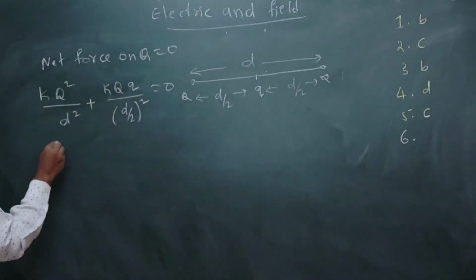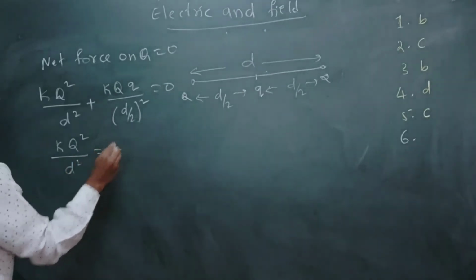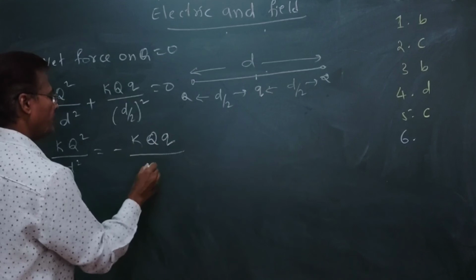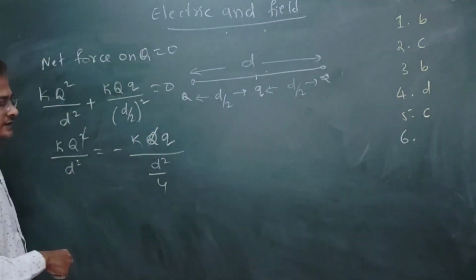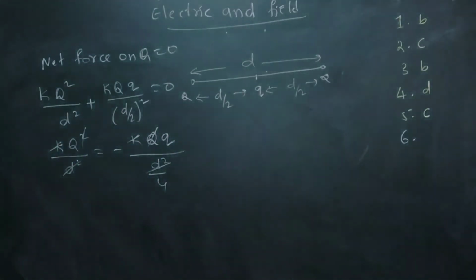So K Q square by d square equals minus K Q q divided by d square by 4. Q gets cancelled, d square gets cancelled, K also gets cancelled.